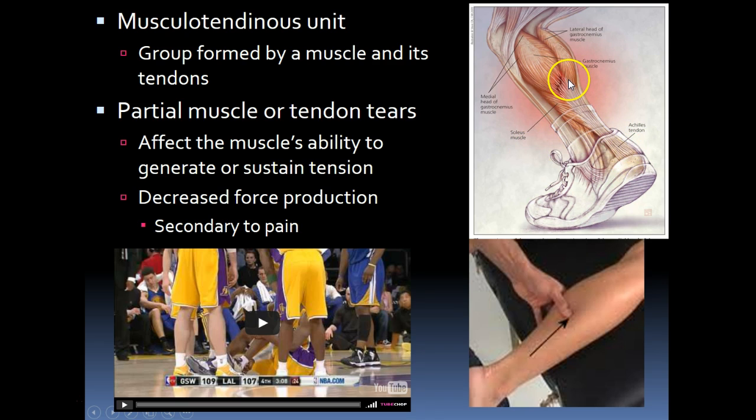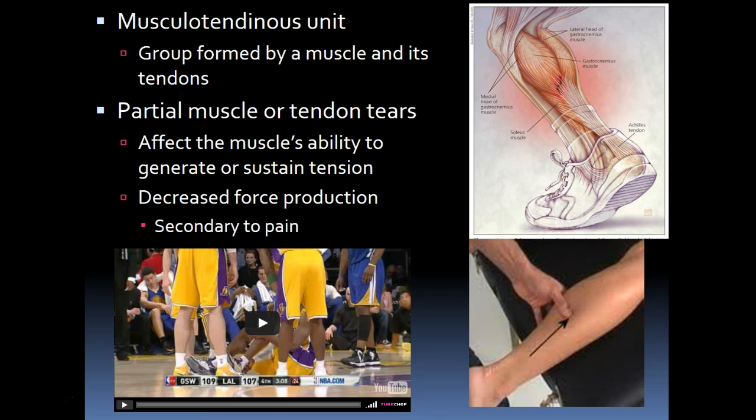What we can see with this unit is that it can be very weak, because the muscle itself becomes a tendon. And it's at this point in the transition where you worry about weakness, right? Because that muscle is changing its shape and becoming more tendinous. So when we see injuries to a musculotendinous unit, it tends to be where the muscle actually becomes a tendon.